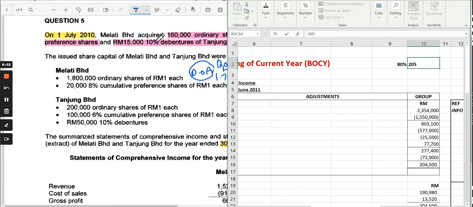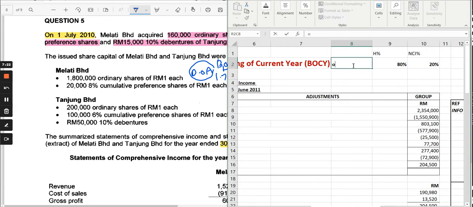That was for the ordinary shares, where the shares is 160,000 from 200,000 ordinary shares. So you will get 80%. So the remaining belongs to the NCI. And this is the one of the parent, which is the holding percentage, and this is the one of the non-controlling interest percentage.